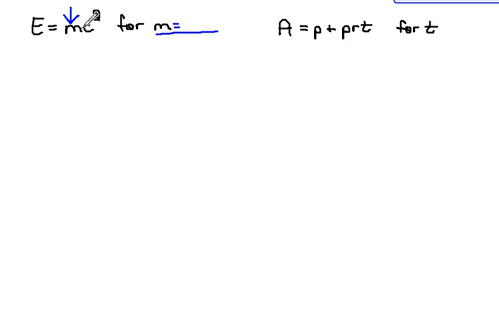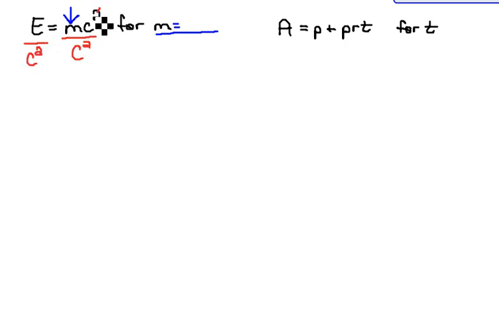If there's not an add, subtract, multiply, or divide symbol, it's automatically assumed to be multiplication. So right now, the m is being multiplied to c squared. So we need to undo that. The opposite of multiplying by c squared would be to divide by c squared. We can do that as long as we do it to both sides.